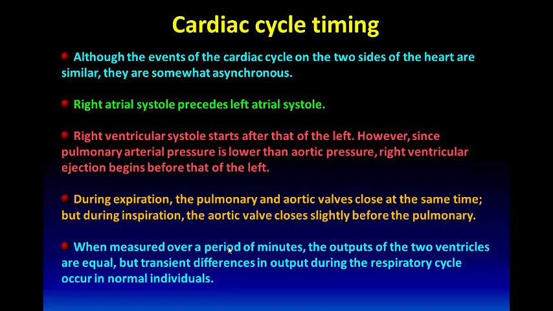However, again, as we mentioned earlier in the lectures, the left ventricular output is produced with much higher pressure than the right ventricular output, because the left ventricular output is going through the systemic circulation, while the right ventricular output is going through the pulmonary circulation.